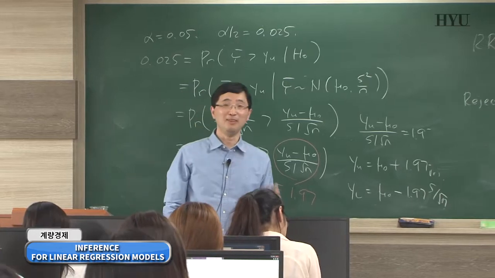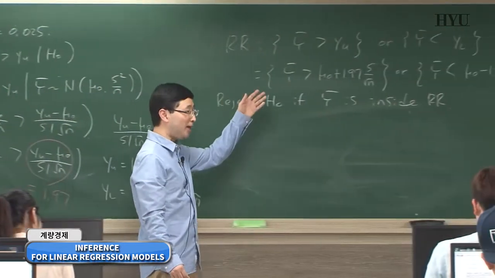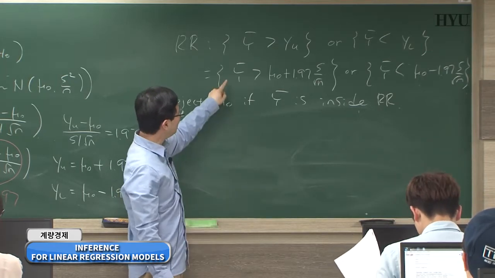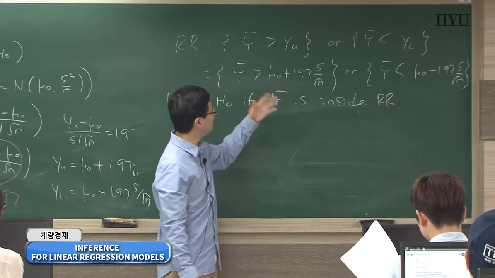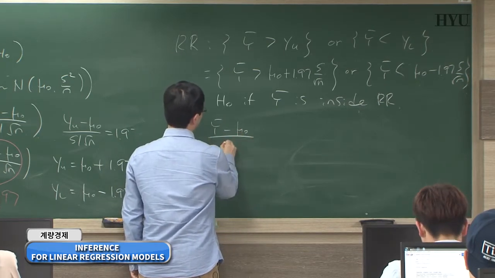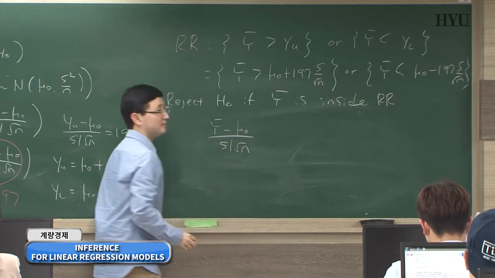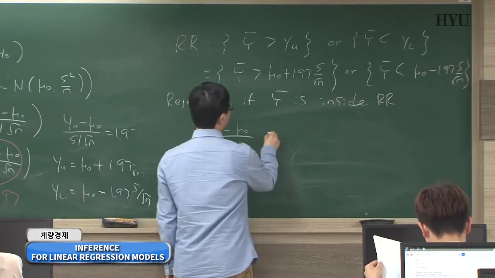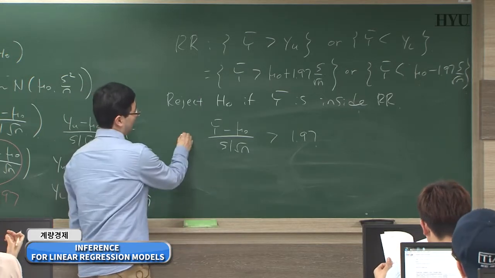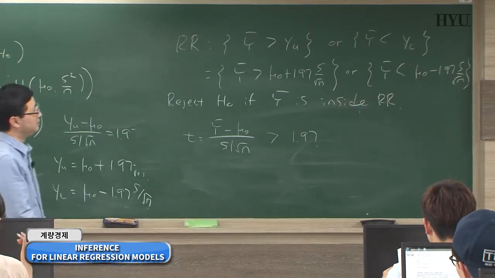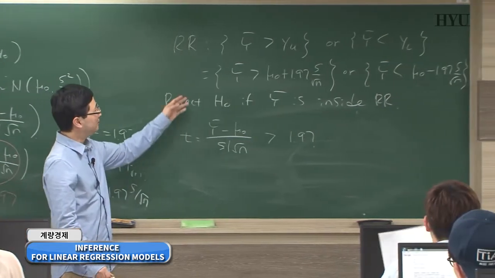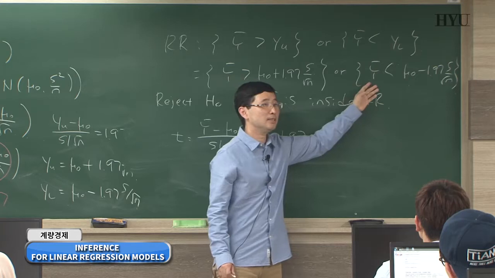Now, there's really nothing new here. Another way to say this is this. When do you reject? When your sample mean y bar is bigger than this. What does it mean? If I write it again, it is when the standardized value is bigger than 1.97. And we know that this is the t value, right? So that's the right-hand side. Again, when do you reject?